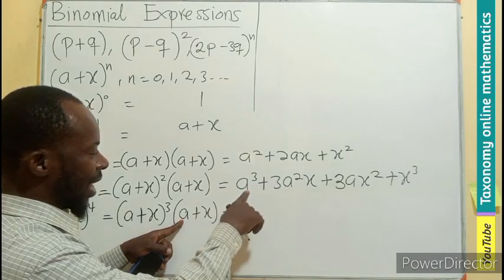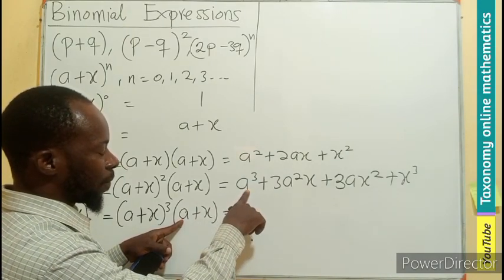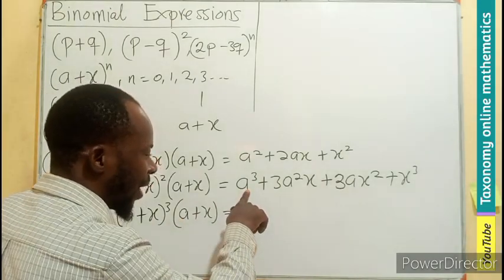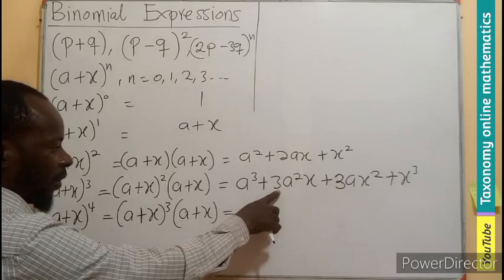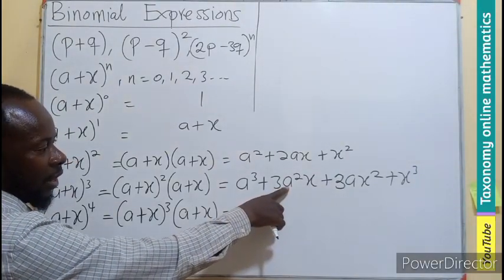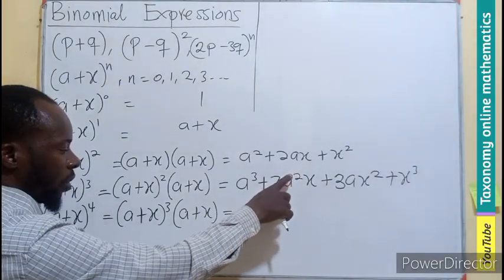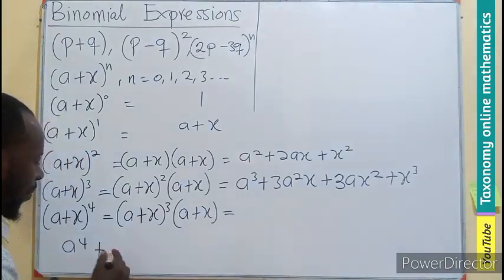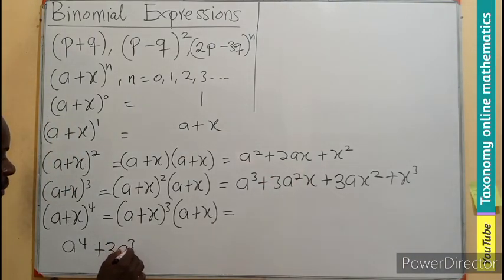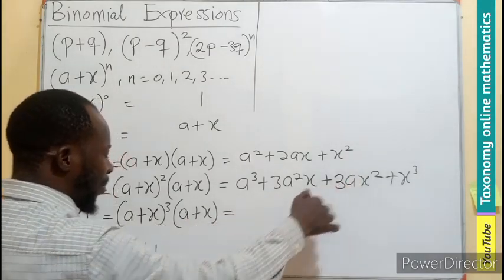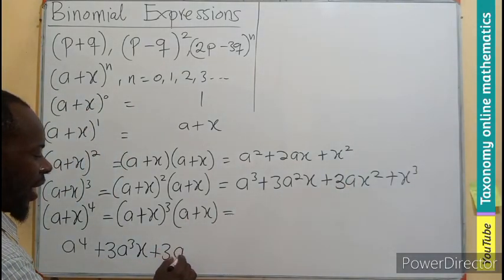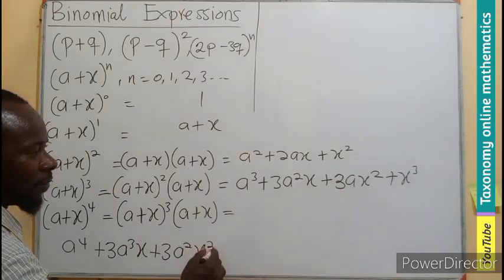So a times a to the power 3 will give us a to the power 4. Then a times a to the power 2 will become a to the power 3. Then the x will come. So 3a to the power 3 x. The a is coming here, increasing the power. So 3a squared x squared.